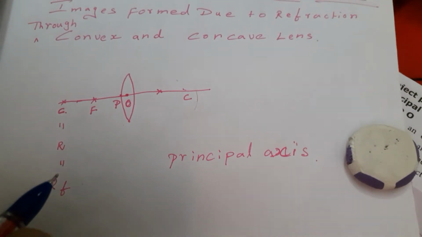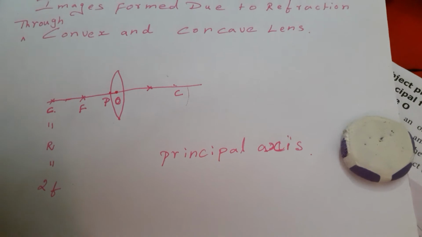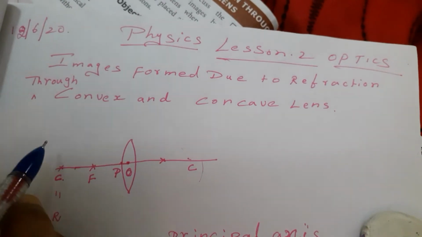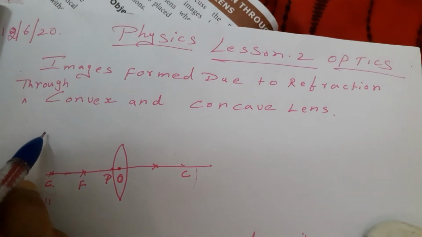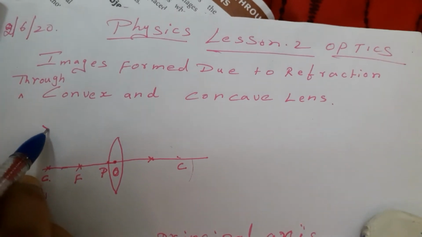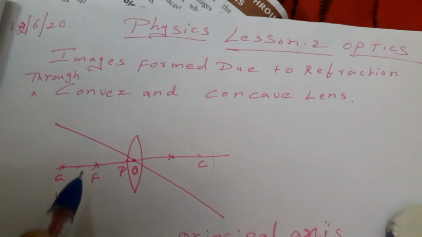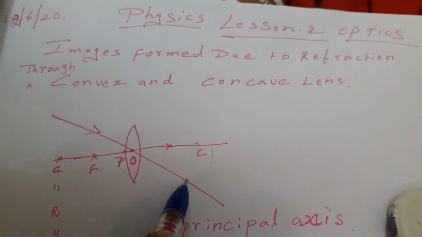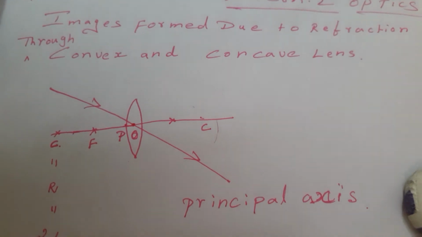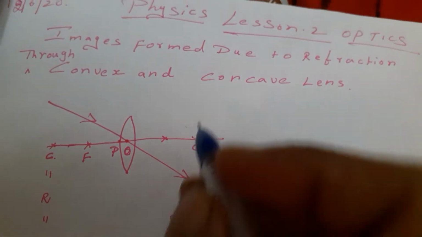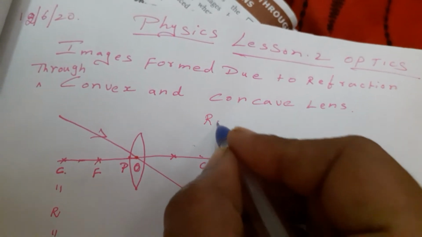It will continue to follow its path without any deviation. The light ray passing through the optic center will continue its path without any deviation. This is rule 1.